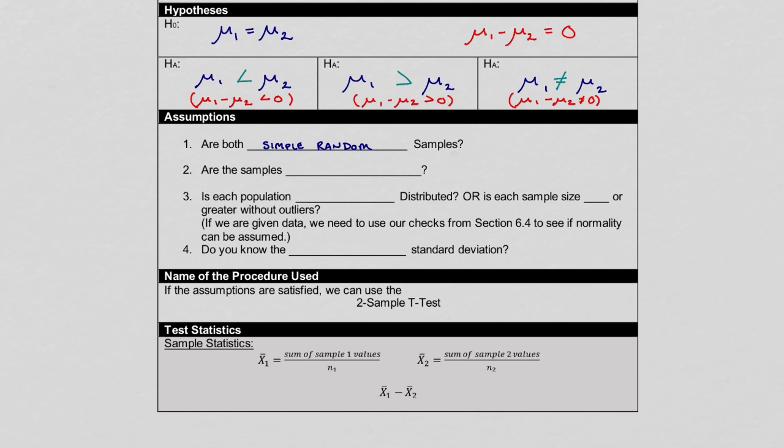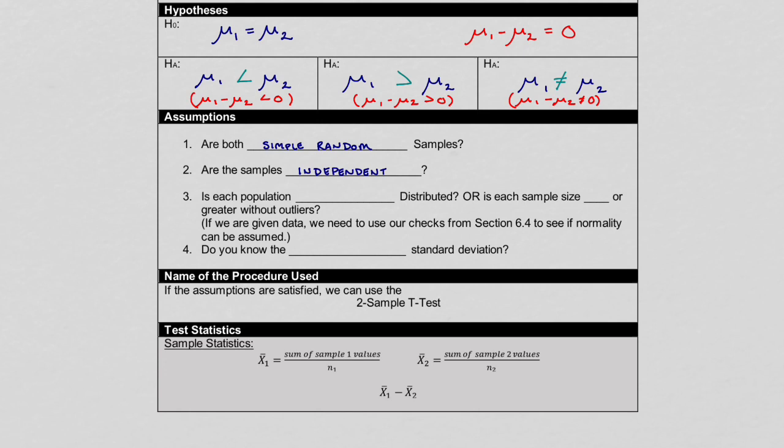It connects with what we had just looked at in section 9.2, where the question there was, are the samples dependent on each other? Because we were looking at paired samples. Here we're looking at independent samples, so we are going to ask the question, are the samples independent? If you think about it, you're essentially asking the same question. You could just rephrase this checkpoint as, are the samples dependent or are they independent?